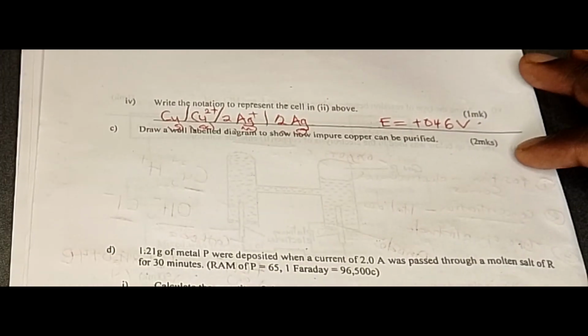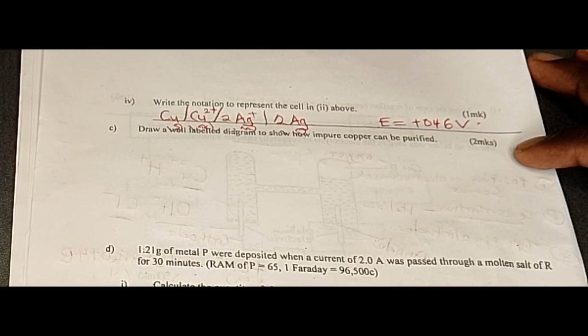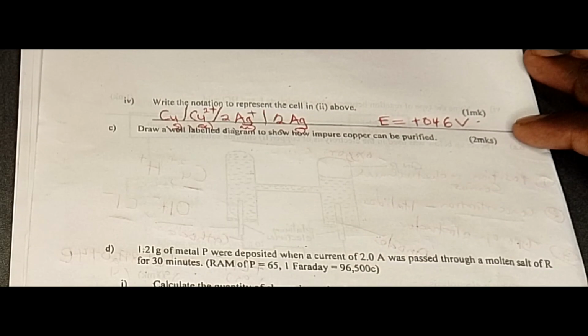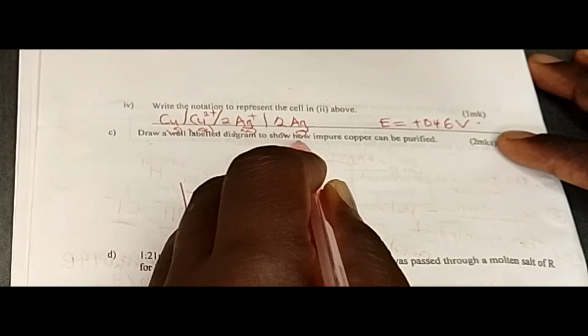Remember, for an electrolytic cell, let's say if this is the beaker, we are only having one beaker. We don't have things like a salt bridge. So, draw a well-labeled diagram to show how impure copper can be purified.